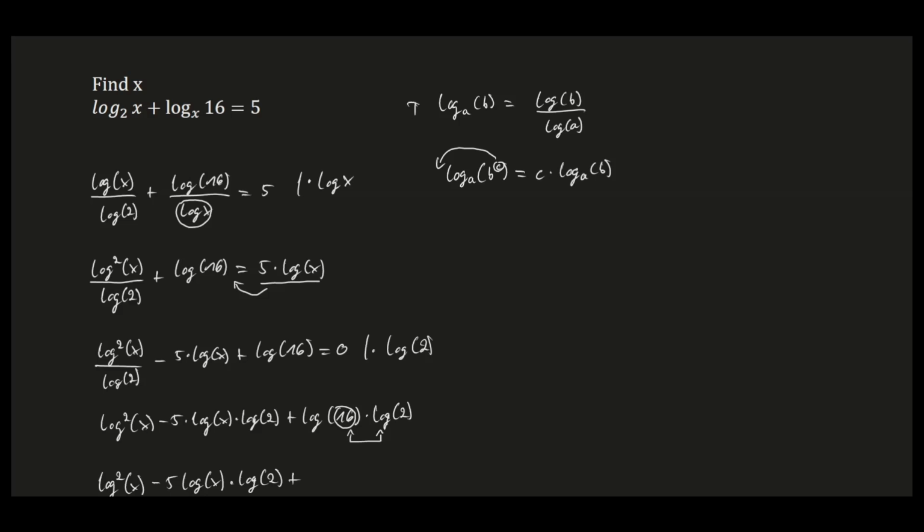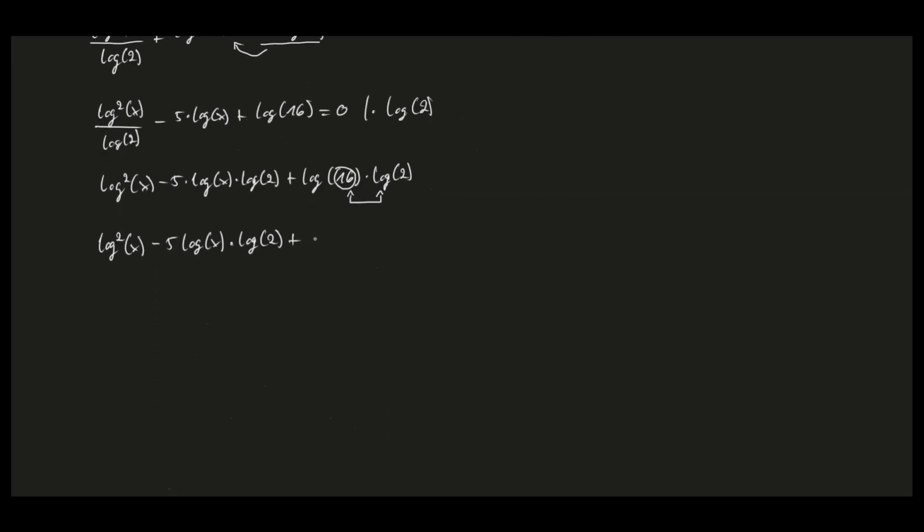Okay. So that we get 4 times the logarithm of 2 times the logarithm of 2. And now we can combine these two logarithms here to get the logarithm raised to the power of 2.